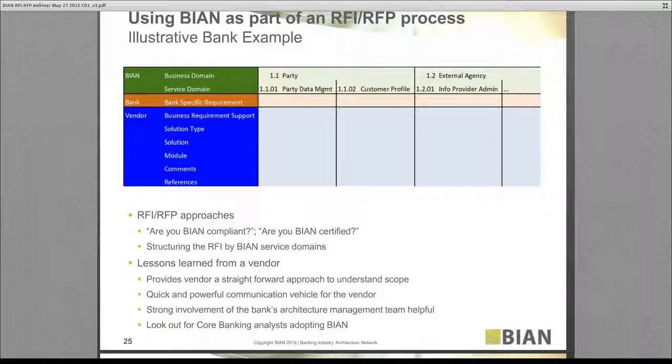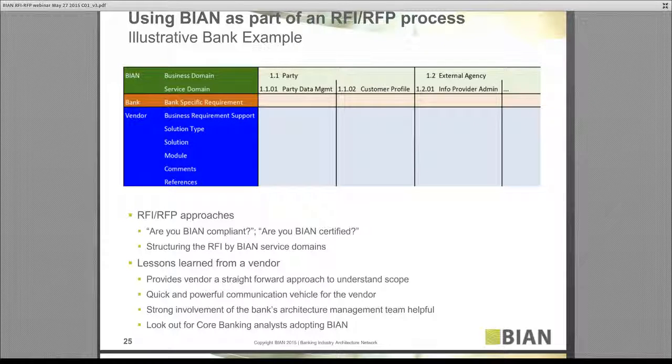So I suggest that they should be in charge of translating the bank's business requirements toward a BIAN structure and to assess an alpha that is adequate, and then to steer also the process and clarify open semantic questions. So that helps enormously if such a role is very clear on the bank side to respond to questions which may occur on our side.